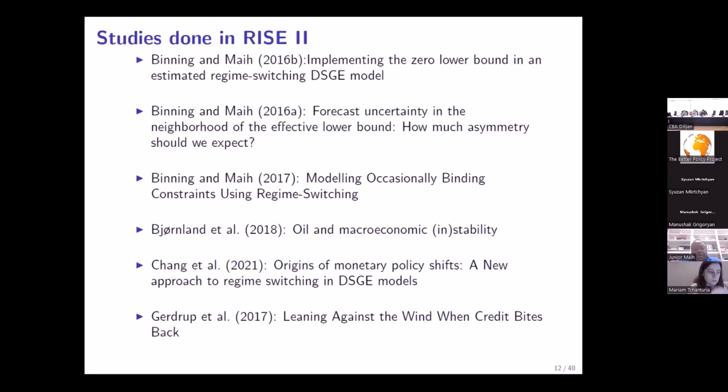We separate the instability that may come from oil shocks from the instability that may come from other shocks. One key result that we find in that study is that policy tends to be effective when shocks are small. When shocks are large, then the effectiveness of policy declines. So I think it was a very interesting result.